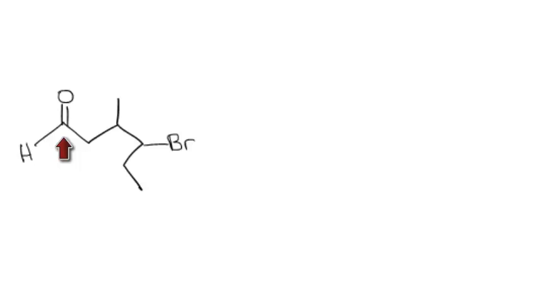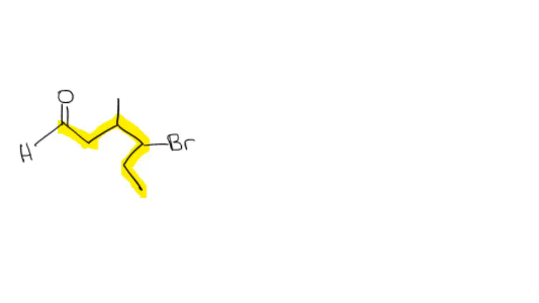Our longest chain is actually starting from making sure to include our carbonyl carbon, goes down to the bromine and then continues on down for a grand total of 1, 2, 3, 4, 5, 6 carbons long. We make sure to include the carbonyl carbon.